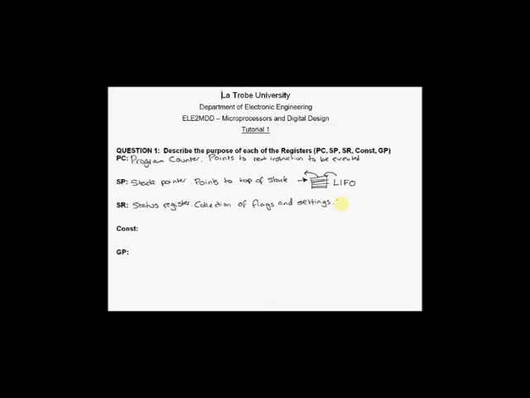Some important ones are the 0 flag, the negative flag, and the carry flag. So it gives important info on the state of the system and ALU results.